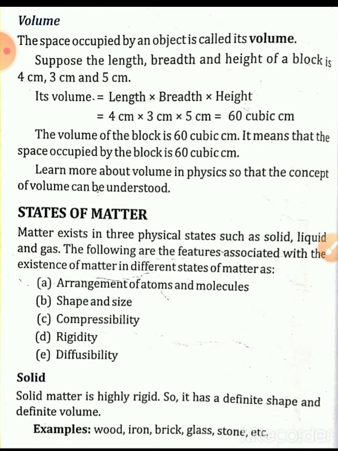In the next class we will discuss each individual state, that means solid state, liquid state and gaseous state, and how they differ: how the atoms and molecules are arranged in the solid state, what the shape and size of a solid are, and its compressibility, rigidity and diffusibility.